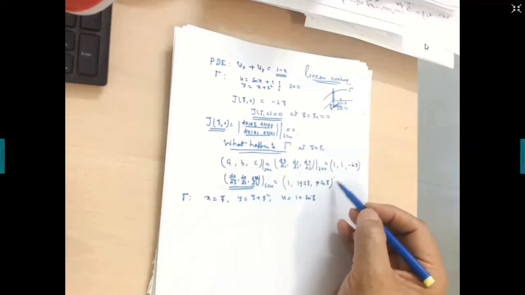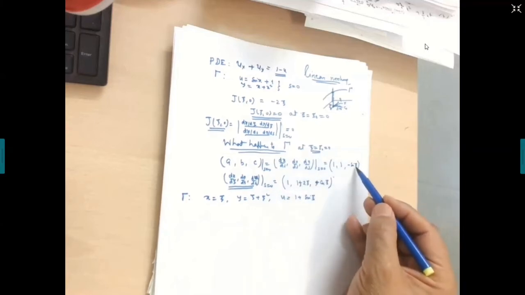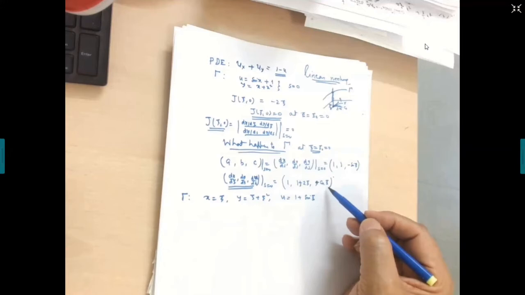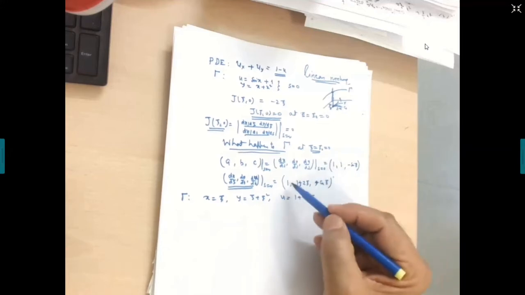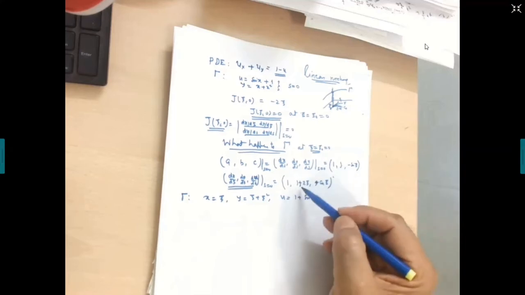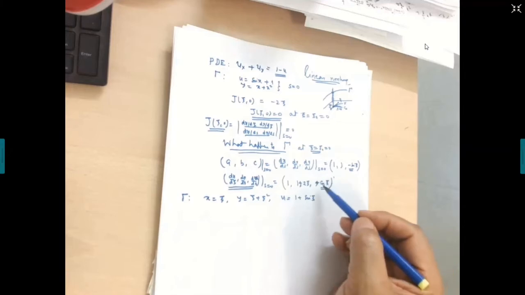So now tell me what happens at xi equal to 0. This is 0, but this is 1. Can you see? Here also 1 is the same, but this component is different. So obviously it is of rank 2.